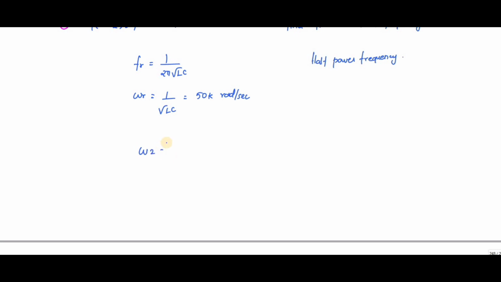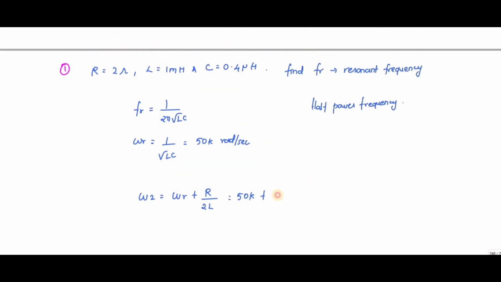Omega 2 is equal to omega R plus R by 2L. If we substitute, this is 50K, and R is 2 divided by 2 milli. So this is nothing but 51K.